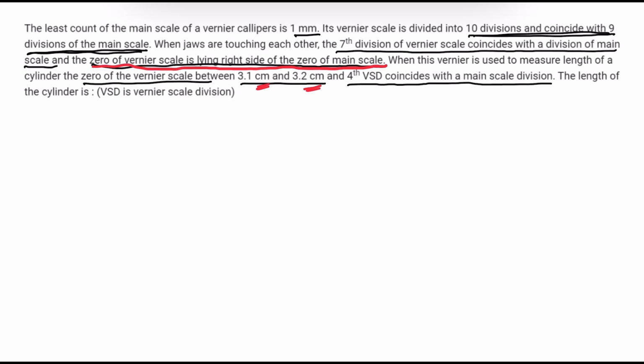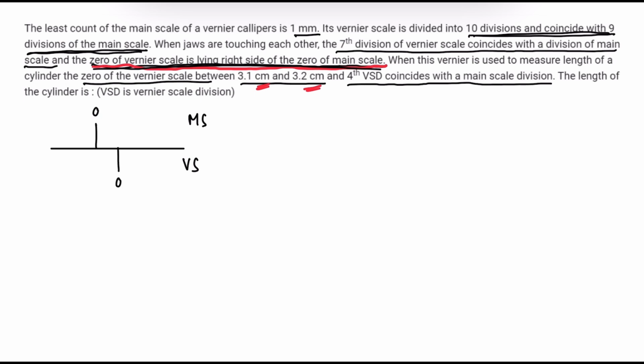The second important thing they told us is about the vernier 0 and the main 0 when the jaws are touching. That's the main scale, and this is the vernier scale. Let's say this is the main scale 0, and the vernier scale 0 is lying to the right.